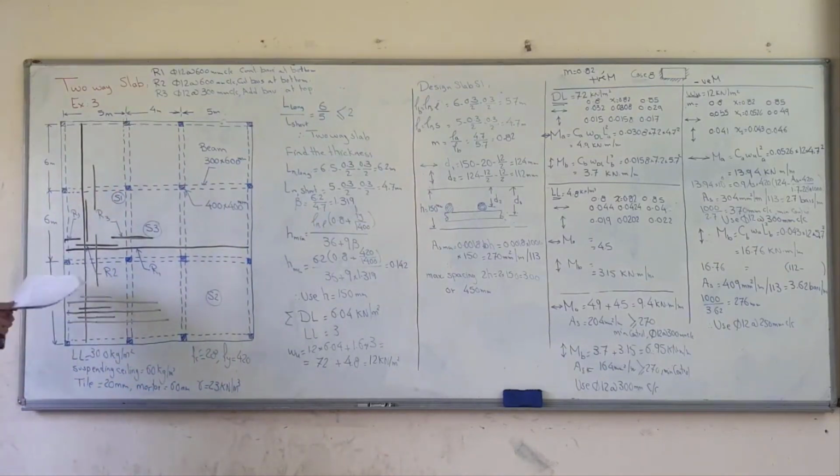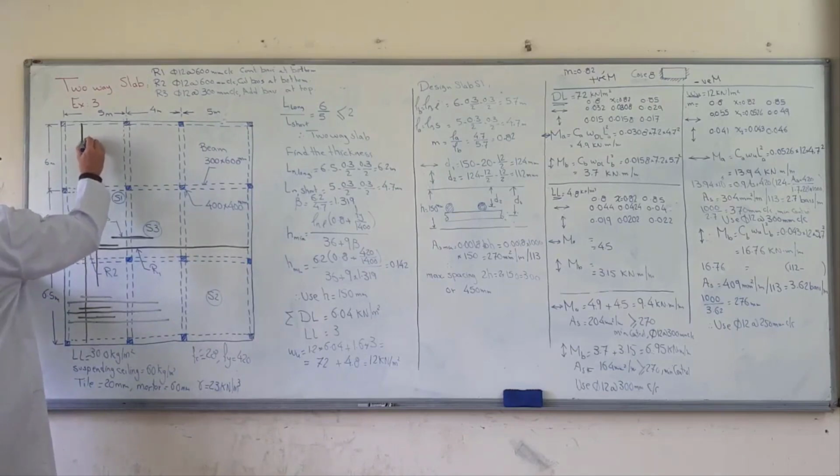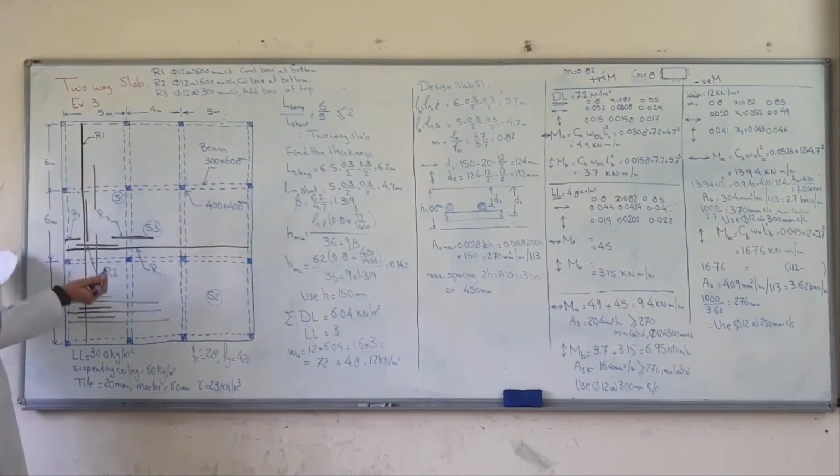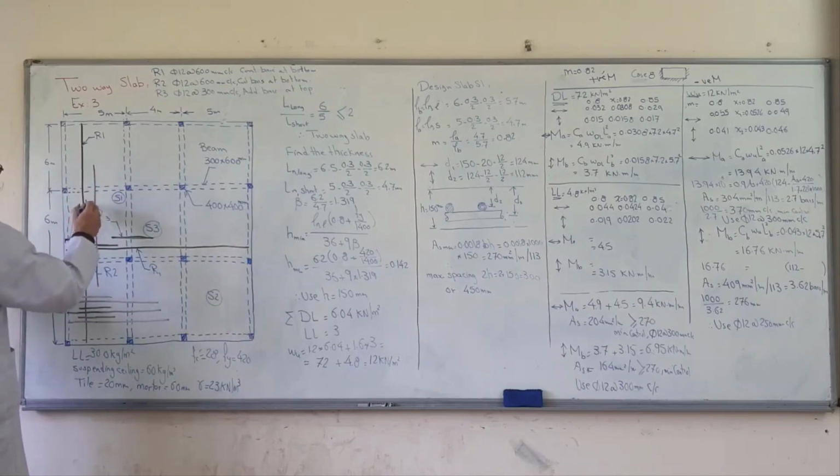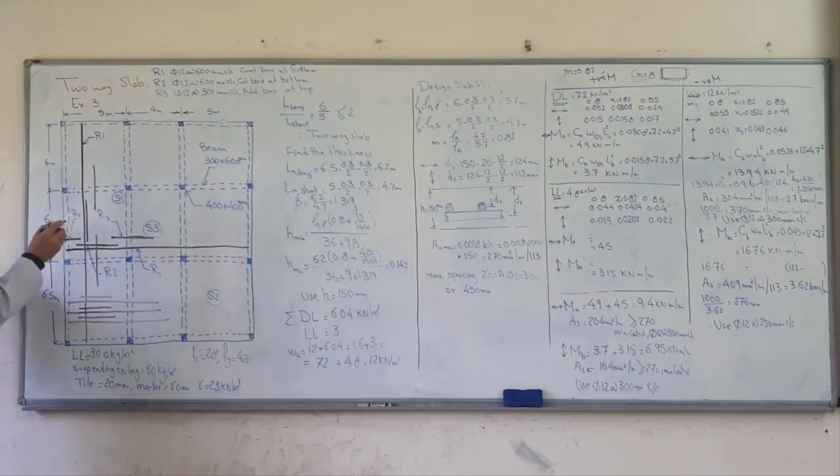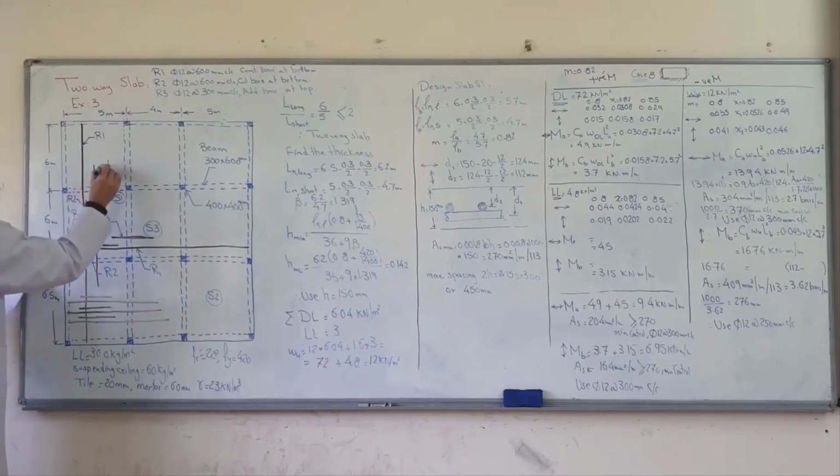Now I have another reinforcement in the longitudinal direction or in long direction. Here is R1. Here is R2. This is R2. Just that this is R4.